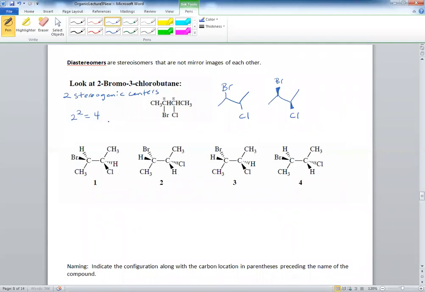That's the number of the maximum stereoisomers you can have. And the possibilities are the following. One can have R and the other one can have the R configuration. One can have S and the other one can have an S configuration.